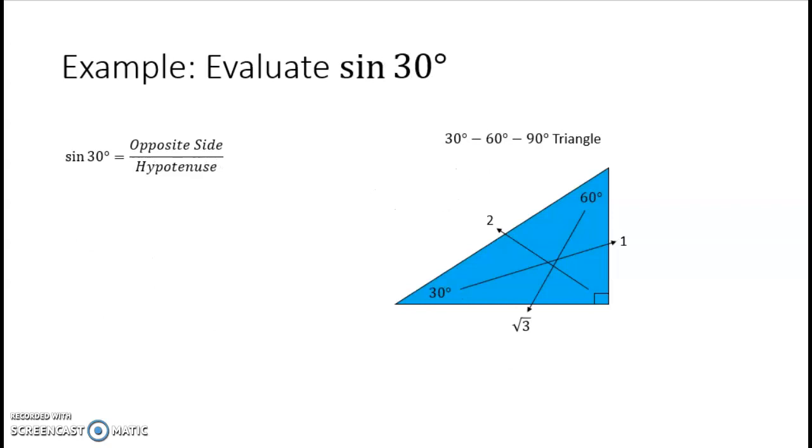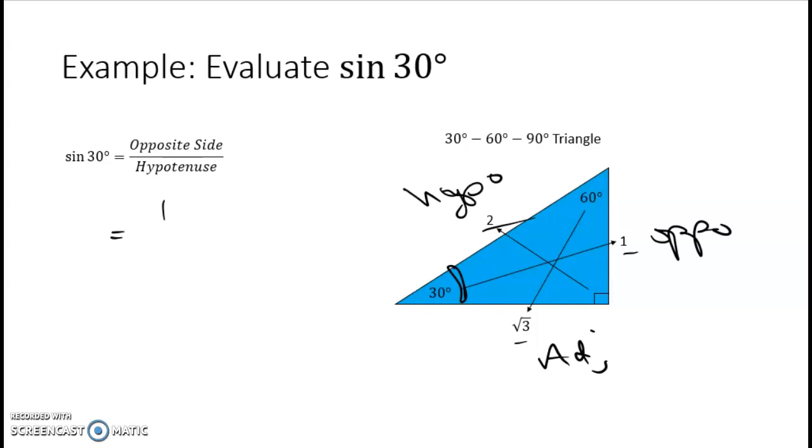For 30, here's our angle. Straight across from the 30 is a 1. Straight across from a 60 is square root of 3. Straight across from the 90 is a 2 every single time. So I'm looking for sine, so this is our opposite, here's our adjacent, here's our hypotenuse.